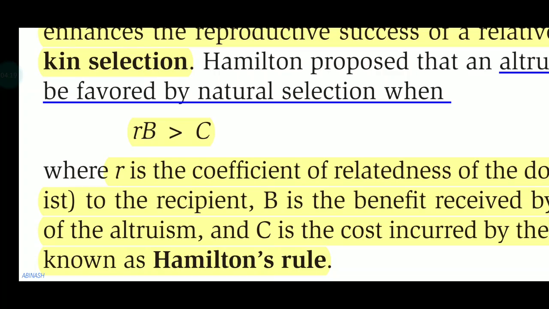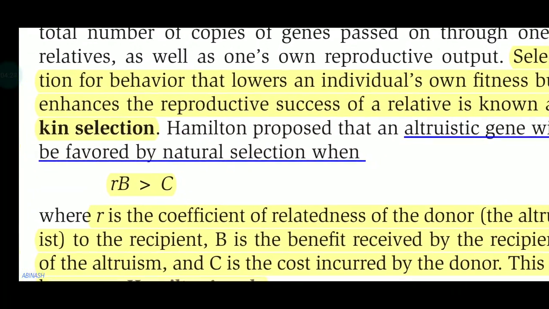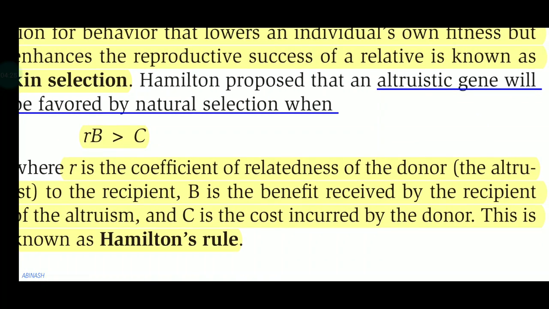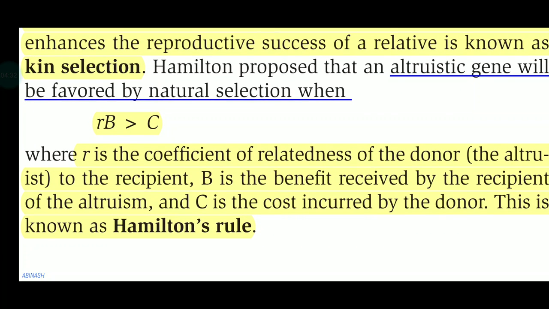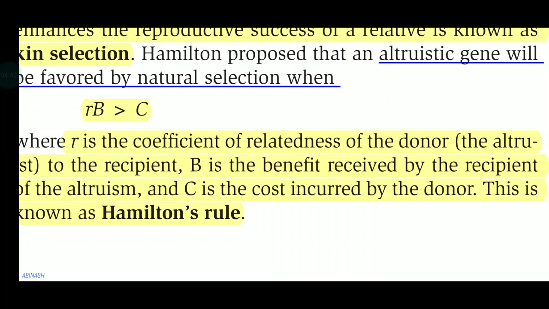The protection, the sacrifice by those parents, is the benefit to that recipient. And the sacrifice being done is called C, the cost incurred by the donor, that means the parents towards the offspring, or the brother towards his siblings.